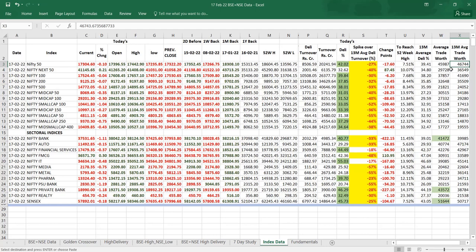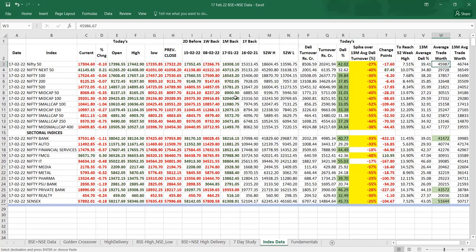Today it is 45,987. When these figures are higher, the color will be green. I don't consider only one thing. I consider the comparative figures of delivery percentage, delivery turnover spike, as well as average trade worth improvement.